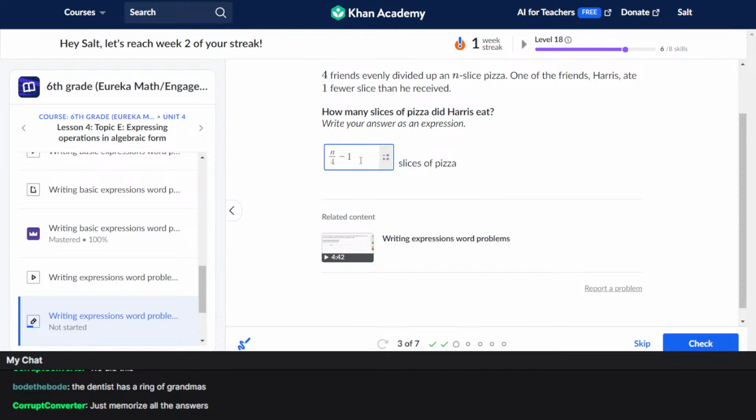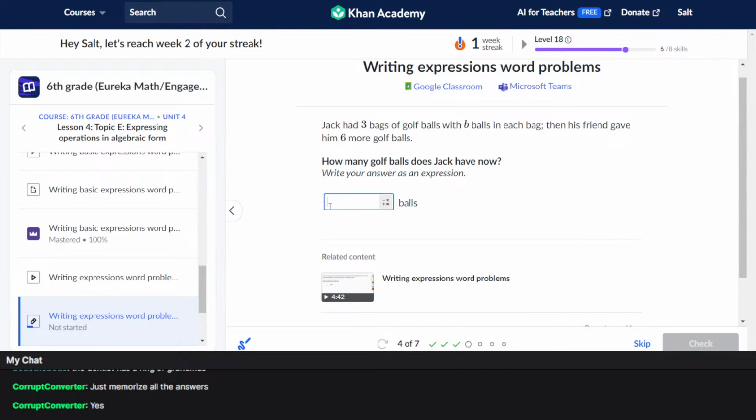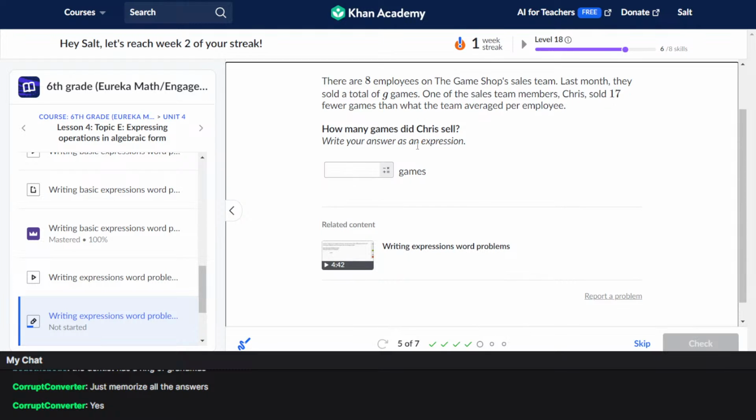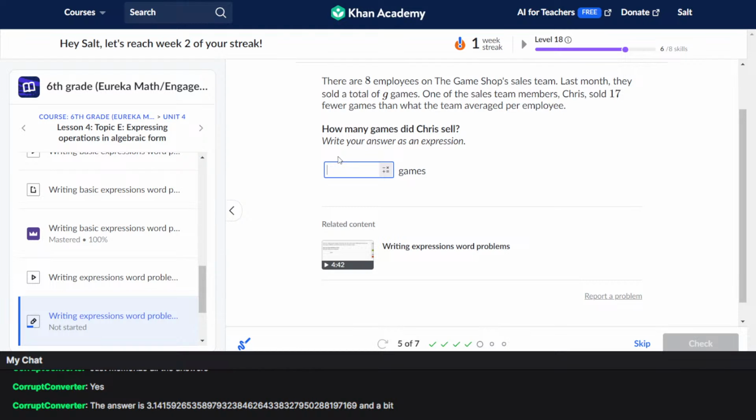Jack had 3 bags of golf balls, 3 balls in each bag, and then got 6 more balls. 3B. Corrupt Converter says yes. There are 8 employees. Oh wait, this is the same thing. I remember this was the first question I got when I started this, and I got it wrong, which was fun.